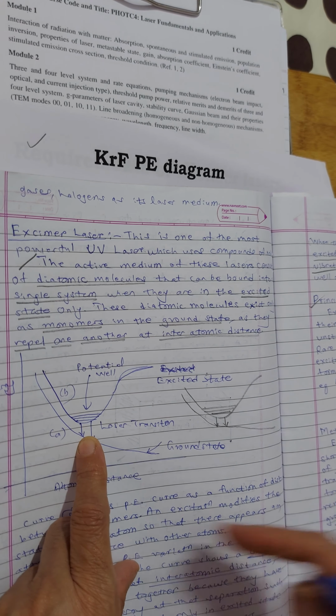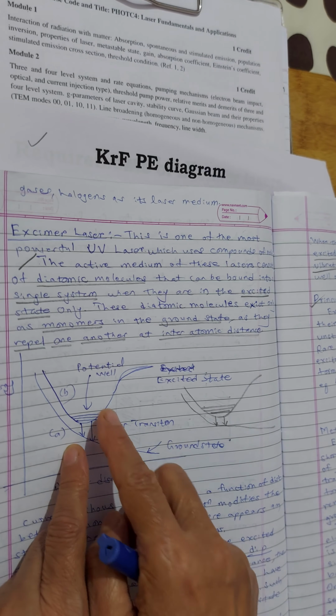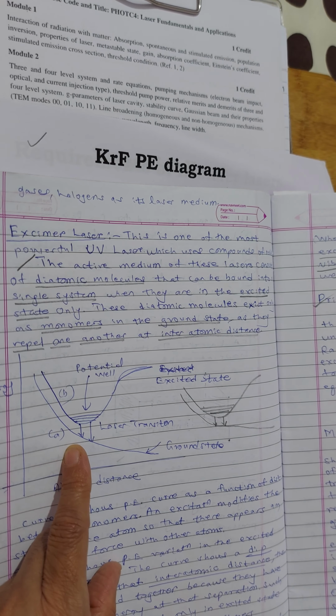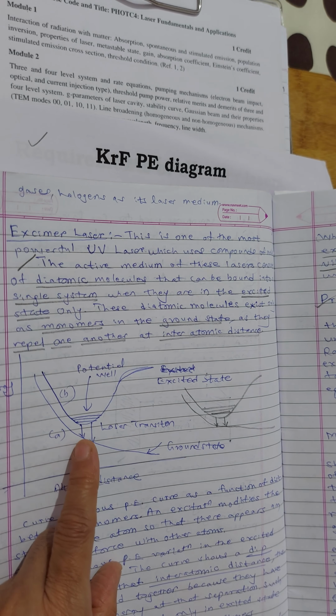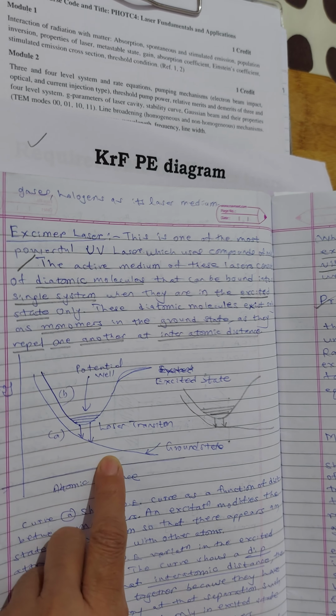Now what is the principle behind this happening? Here I showed one more diagram to get this part clearly. Excimers are molecules which are bound in their excited electronic states but are unstable in the ground state.